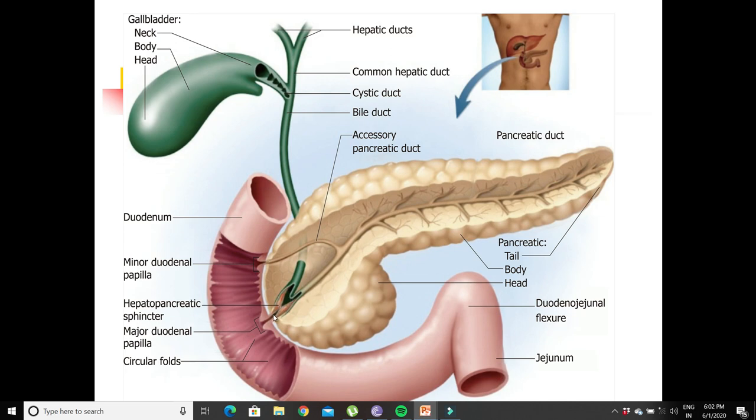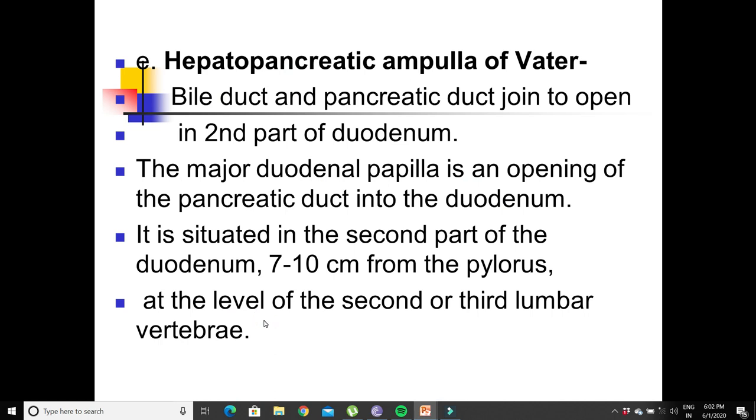And they open into the duodenum, and this area where they open, that projection is known as the major duodenal papilla. While the accessory pancreatic duct also opens into the duodenum, and that opening is minor duodenal papilla. Minor and major duodenal papilla.